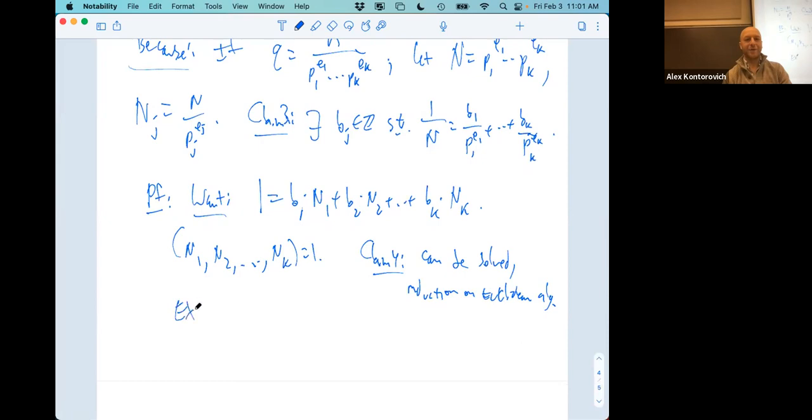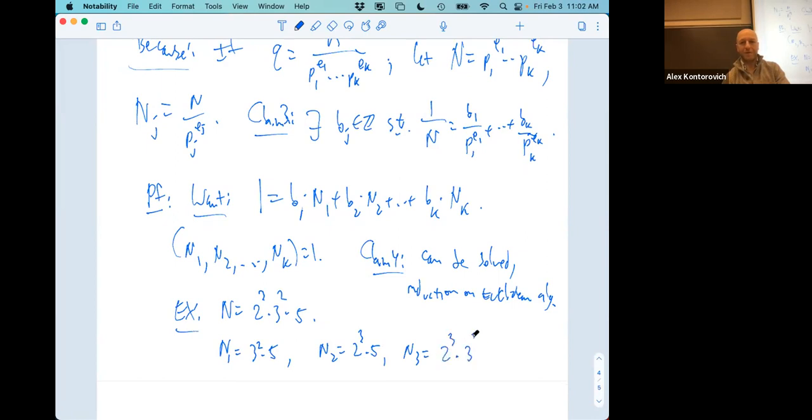For example, let's take n equal to 2 cubed times 3 squared times 5, just to get some numbers. This is p1, p2, p3. N1 is 3 squared times 5, N2, dropping the second factor, is 2 cubed times 5, and N3, dropping the third, is 2 cubed times 3 squared.